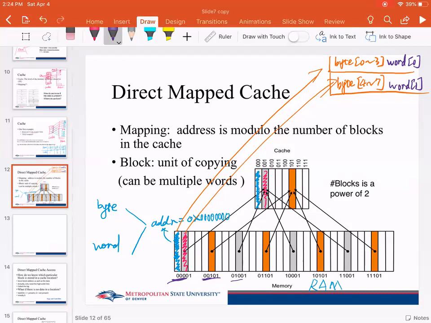Or sometimes it's even called a block index, because for direct map cache, one block is only one word. So the blue row here is word 0, block 0, and the pink row here is block number 1, right?